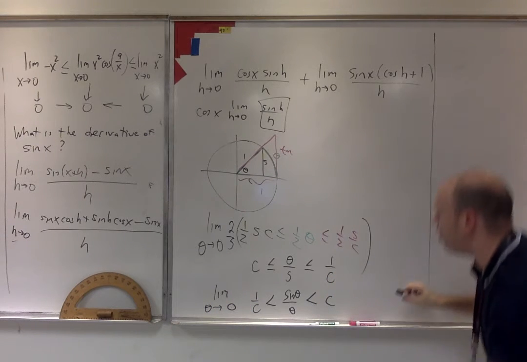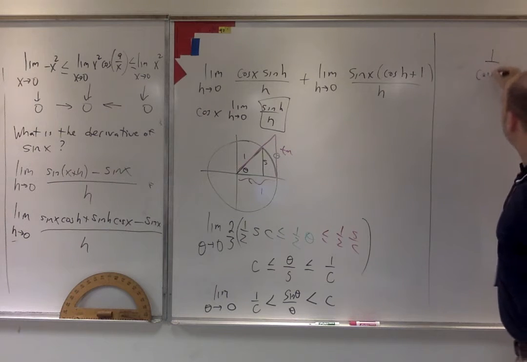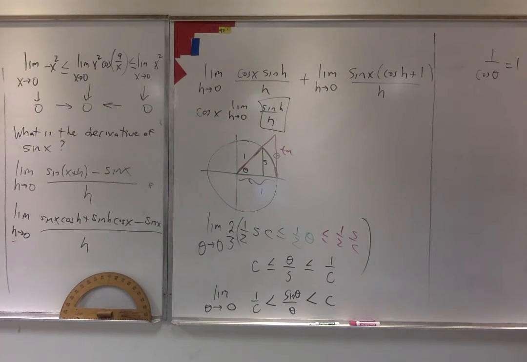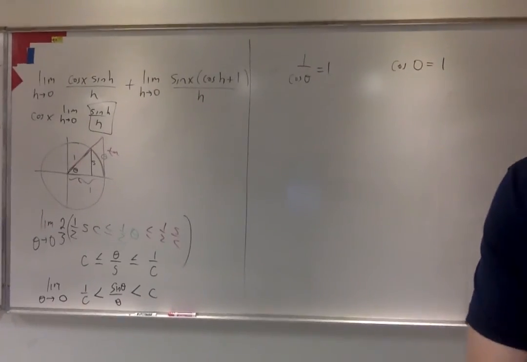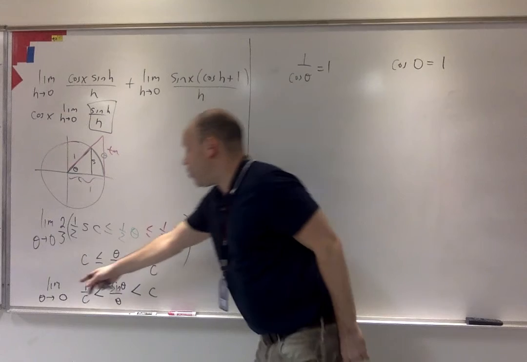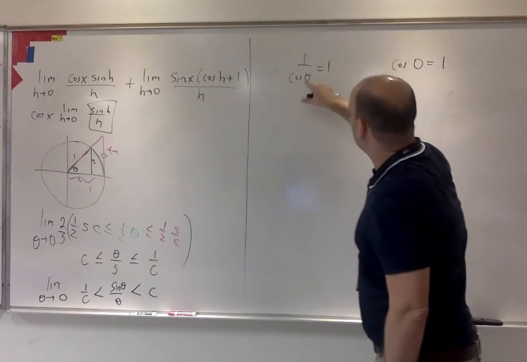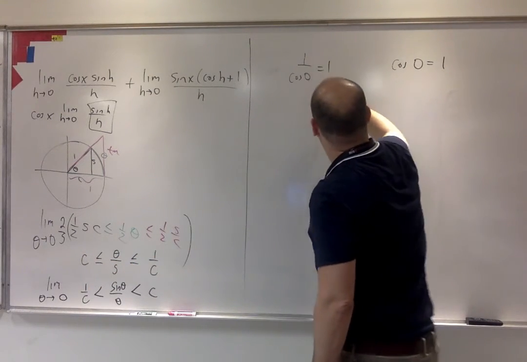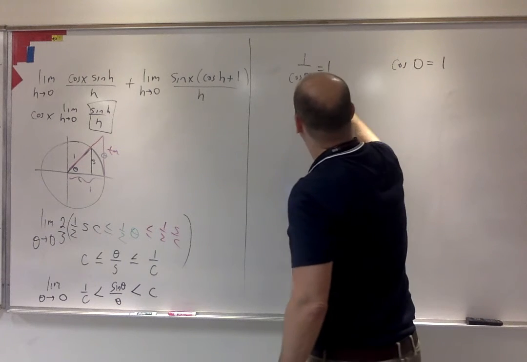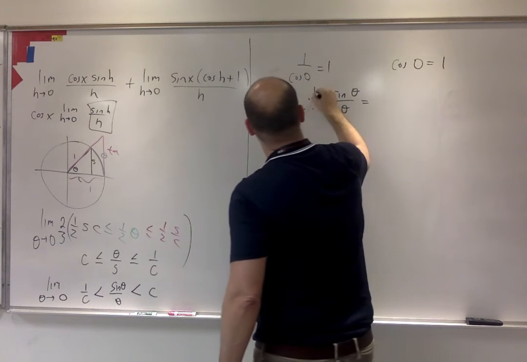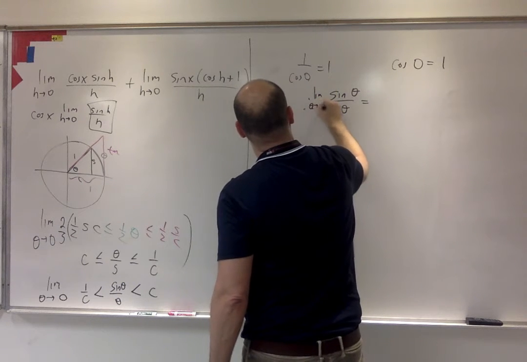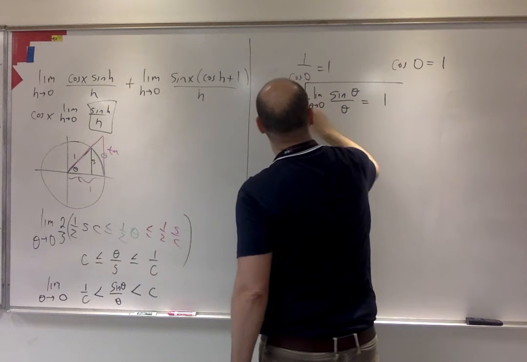So let's substitute the 0 in here. 1 over cosine of 0 is 1, and the cosine of 0 is 1. Therefore, the limit of sine of theta over theta as theta approaches 0 equals 1.